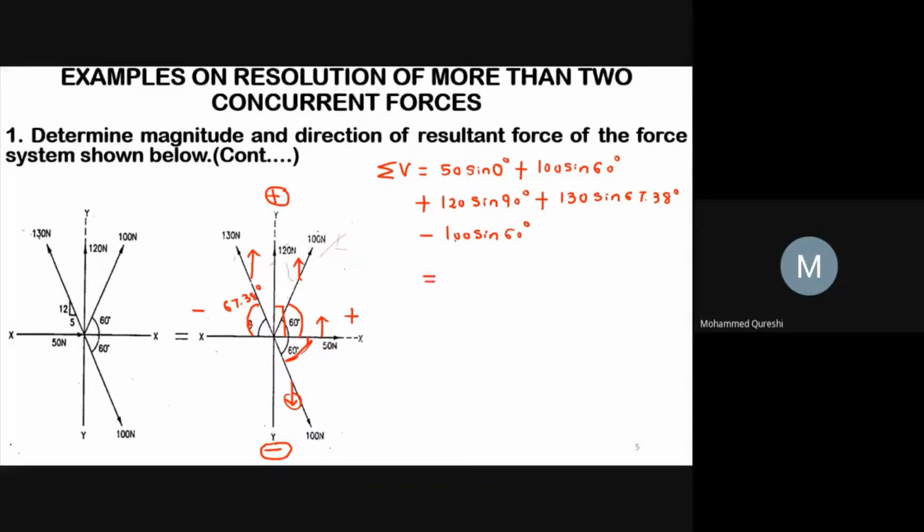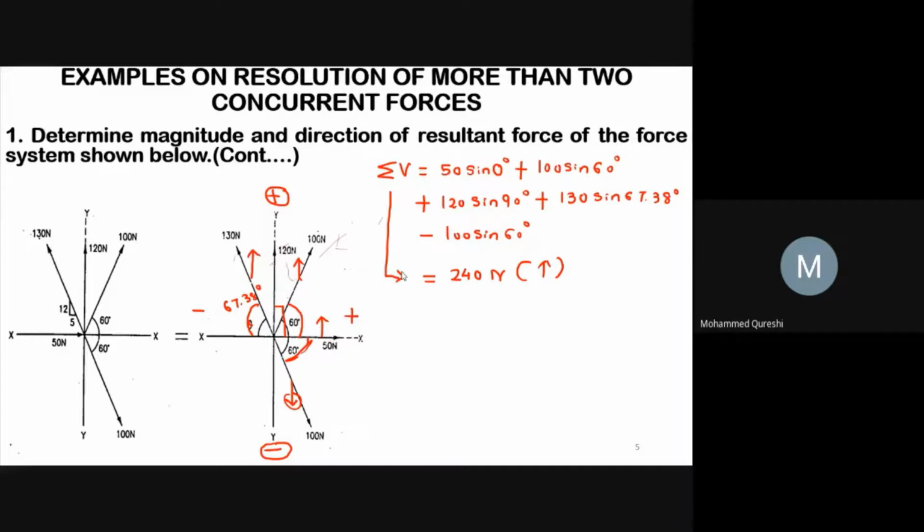After solving this value, you will get sigma V as 240 Newton, and the value is positive, so we denote this as upward direction sign, means your summation of vertical force sigma V is positive.